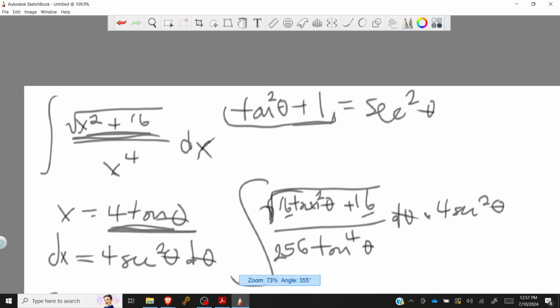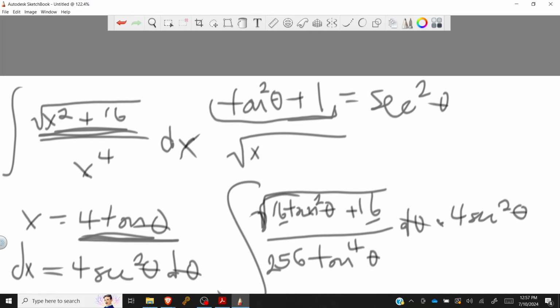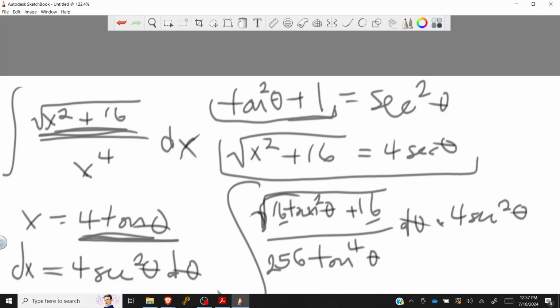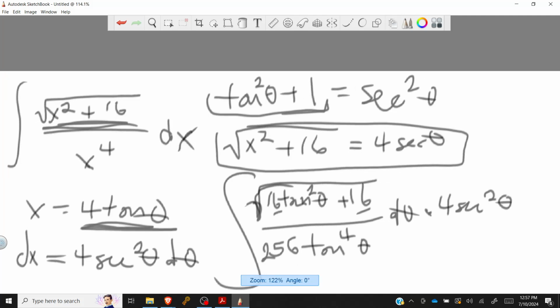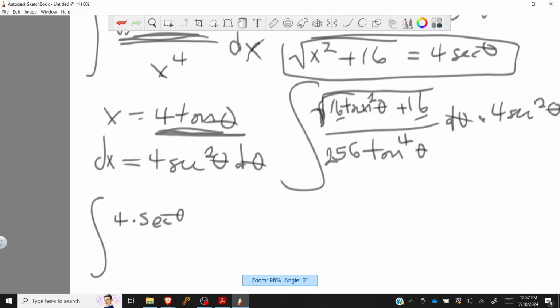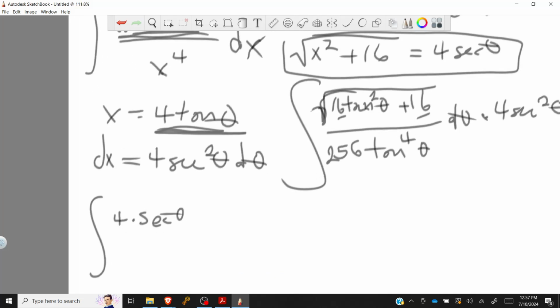And this is where I'm going to remember this step, where the square root of x squared plus 16 is equal to 4 secant. It's always important to write that down so you don't have to go back and figure it out again. This is going to be over 256 tan to the fourth times 4 secant squared d theta.